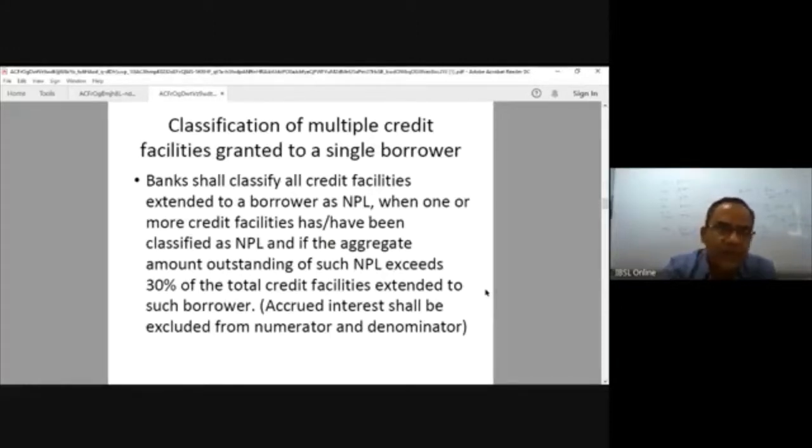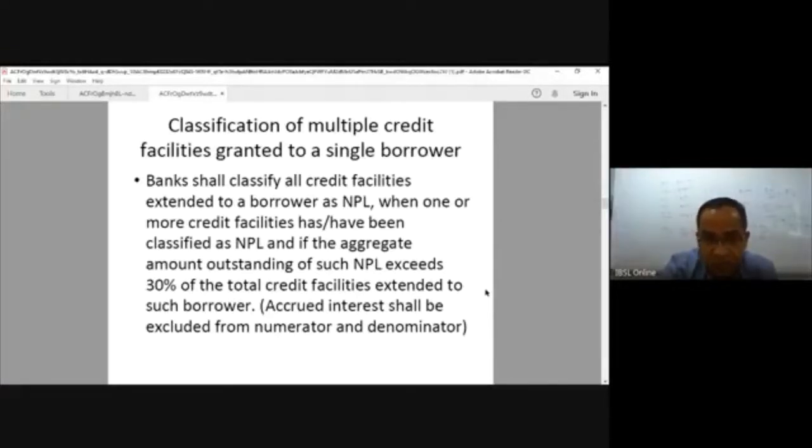But a few loans are not paid. A few import demand loans are not paid. Let us say such loans which are not paid in total are more than 30% of the total credit facilities extended to the customer.